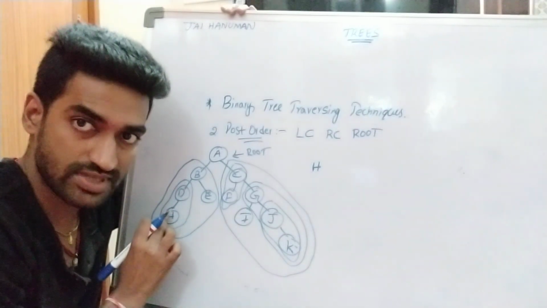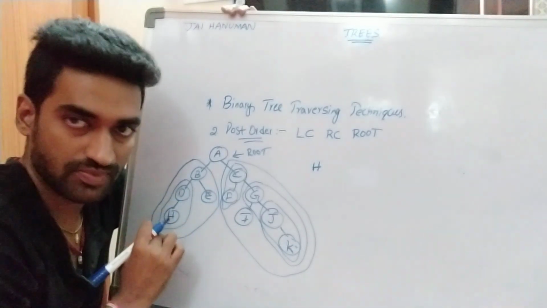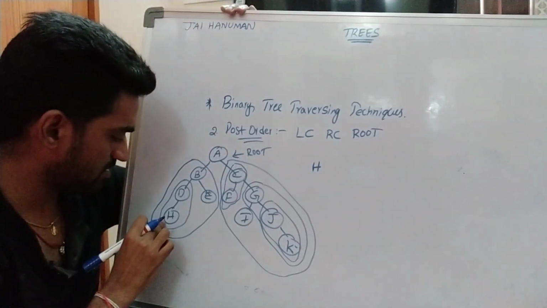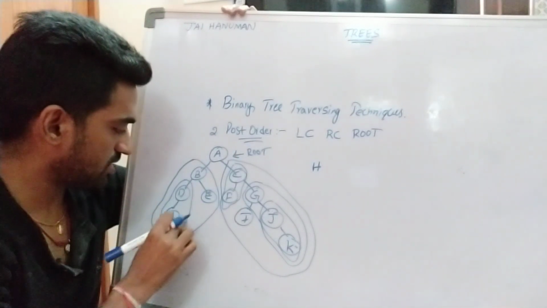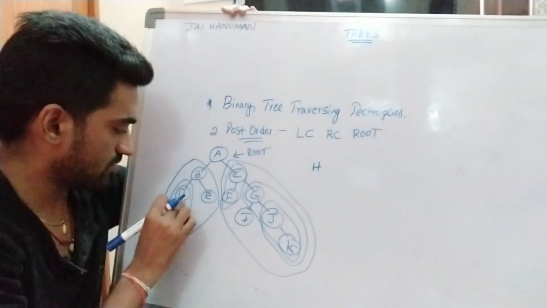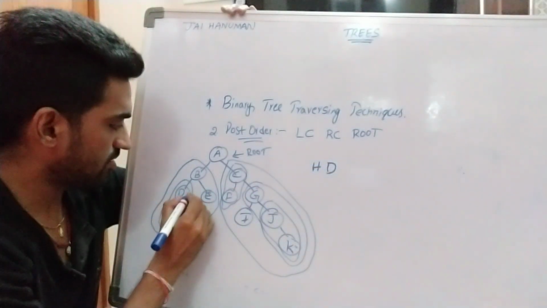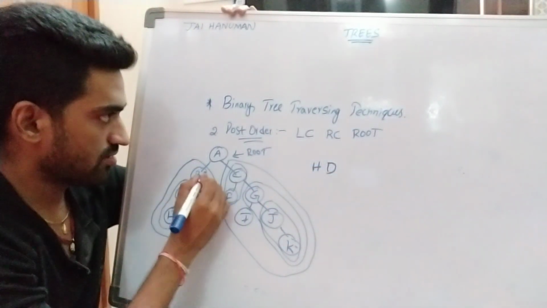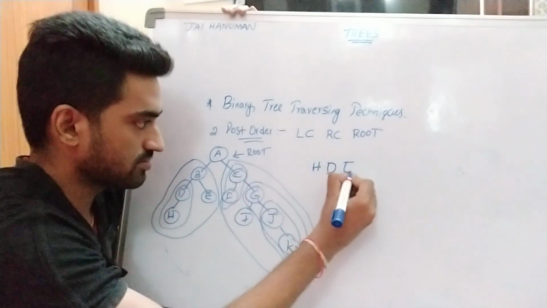Leftmost children are visited first. For this subtree, this is the right one, right? So here I am visiting H. So after H, for this subtree D, so D is visited, right? So then for this subtree we visit E, so right.